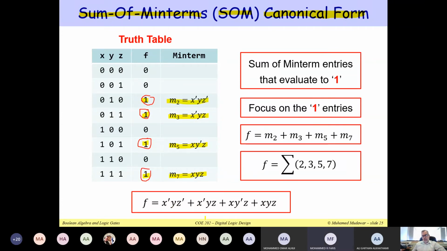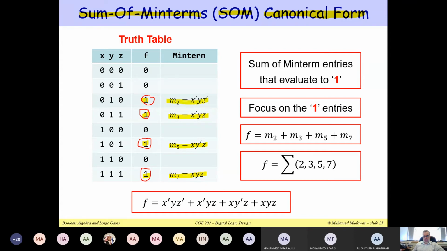All right. So remember that the minterm is equal to 1 only in one case. If you look at minterm 2, it is equal to 1 only when x is equal to 0, y is equal to 1, and z is equal to 0. Notice that when x is equal to 0, x prime will be equal to 1, y will be equal to 1. When z is equal to 0, then z prime will be equal to 1.